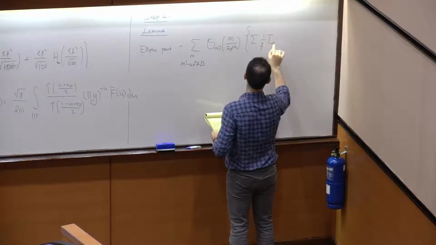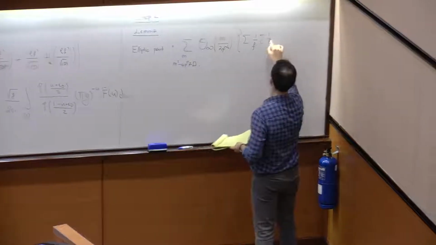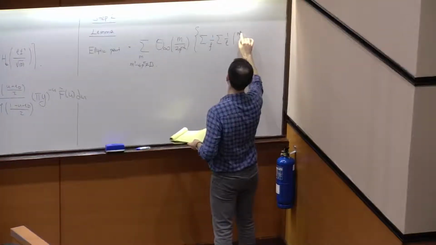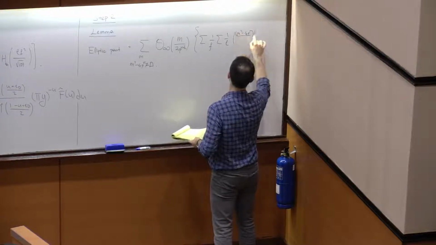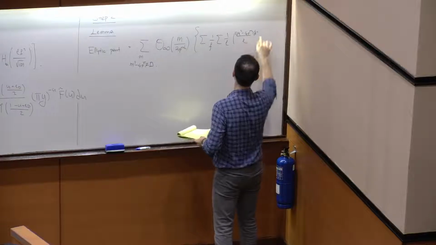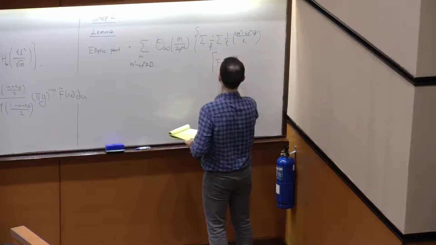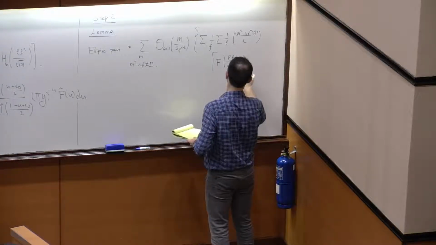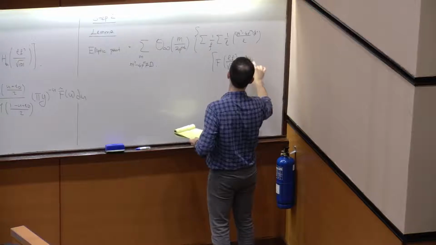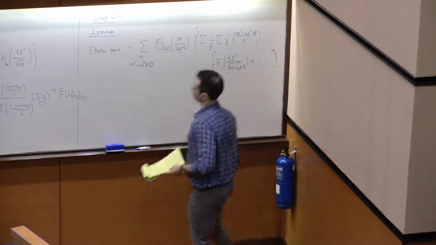I'll be very brief here because you see it over there. This is m squared minus 4p to the r by f squared L times the f, plus the dual sum.